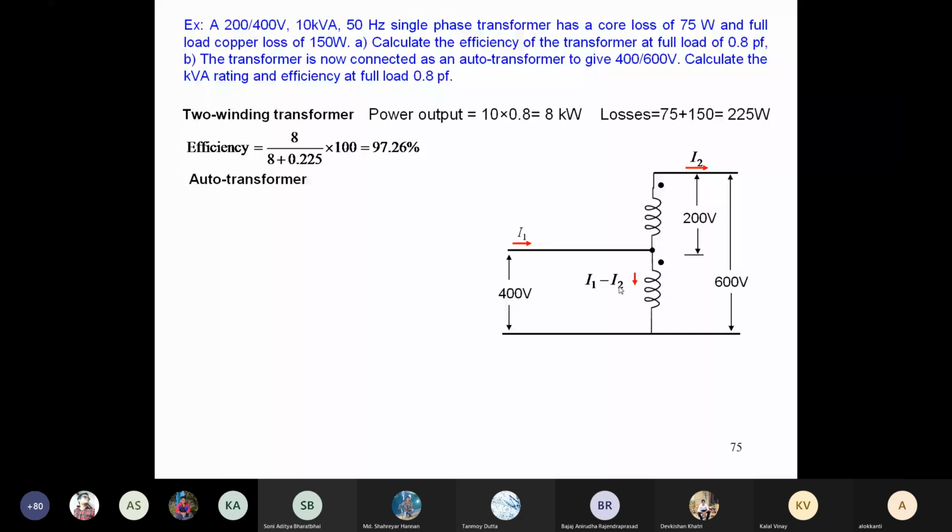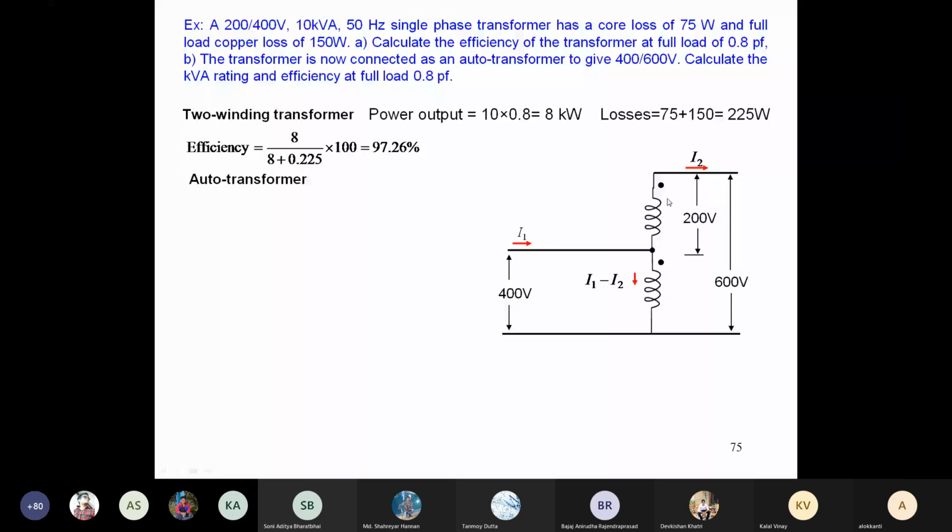Now tell me, what will be the value of the current I2? I2 is the current coming out of this 200 volts original coil, this segment of the coil, which was earlier part of the primary of the two-winding transformer.